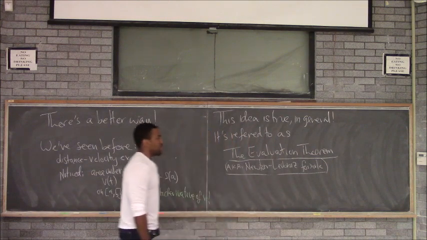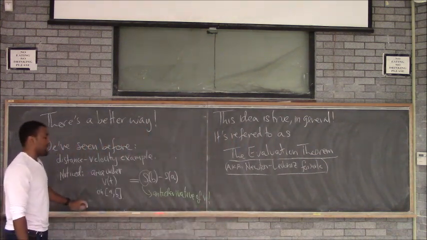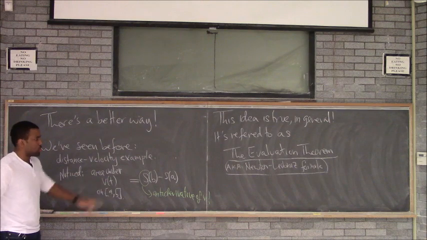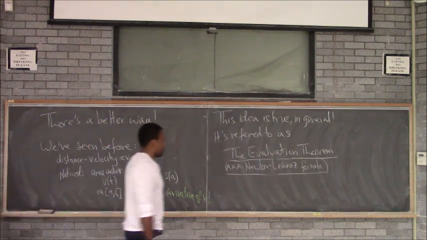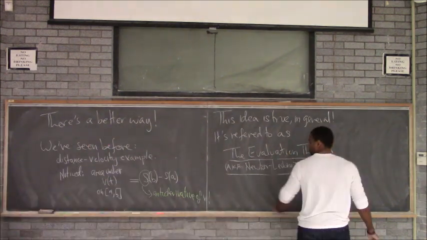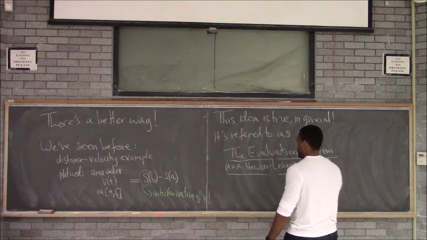So there's something called the Evaluation Theorem. Pretty much tells us how to evaluate areas using this shortcut. And here is what it says.